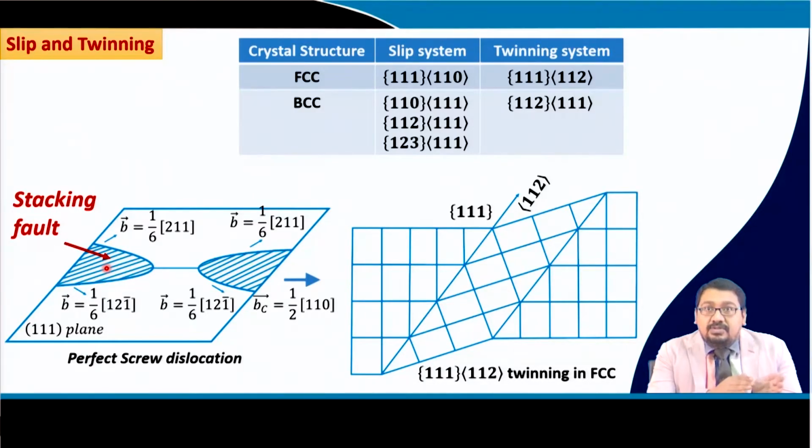So, the 12 slip systems, 111, 110 type slip systems, can be utilized by the presence of dislocation glide and dislocation cross slip of the screw dislocation, which allows the edge dislocation also to climb.